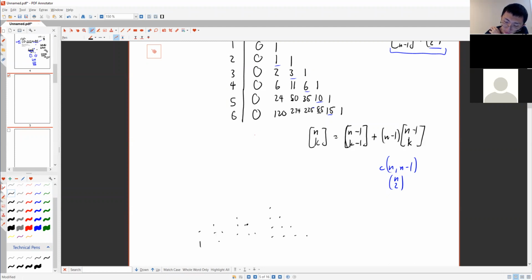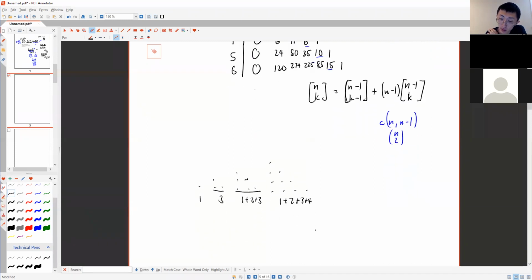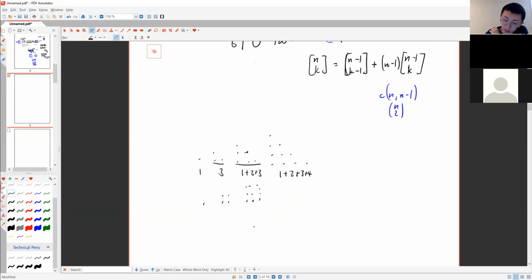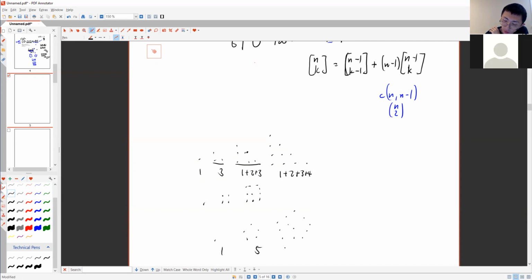So you have 1, 3. 1 plus 2 plus 3 is 6. 1 plus 2 plus 3 plus 4 is, so that's triangular. There's square numbers, 1, 4. Everyone knows square numbers. There's pentagonal numbers. So that would be like 1, 5, 12, and so on.